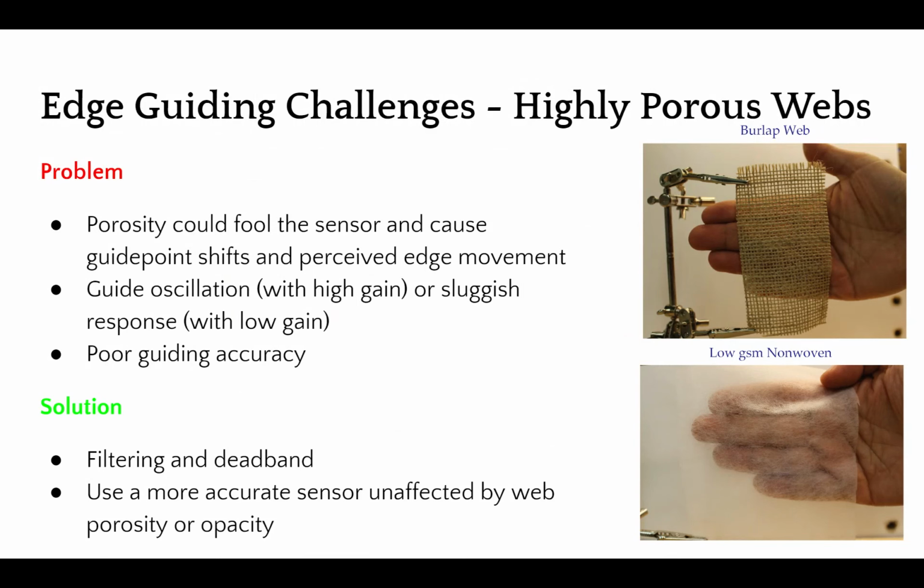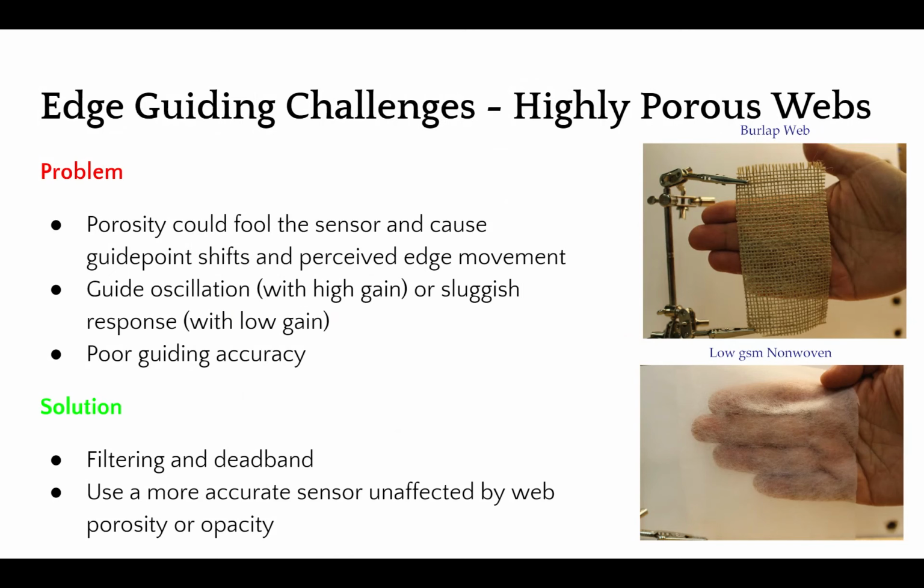And this might cause guide oscillation when the sensor controller gains are high, or a really sluggish response if the gain is set too low. Overall, with a porous web where the sensor signal goes through, you're going to have issues with guiding.